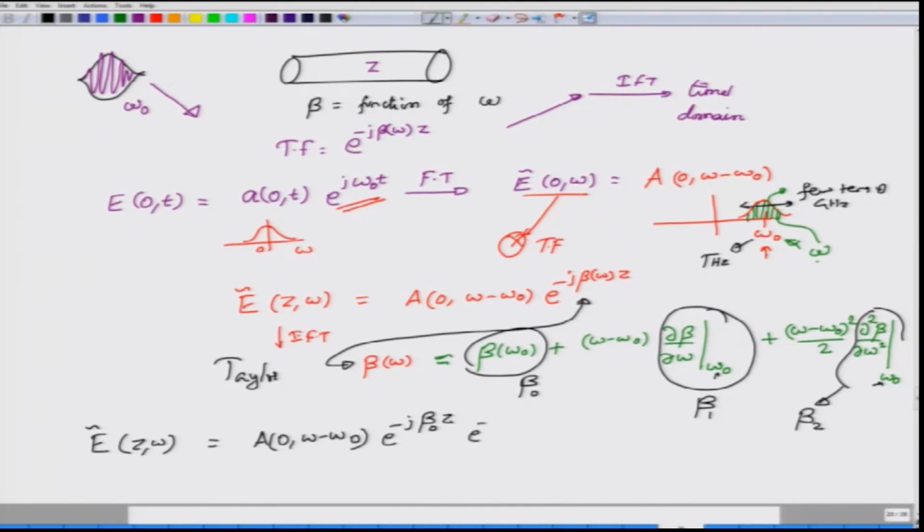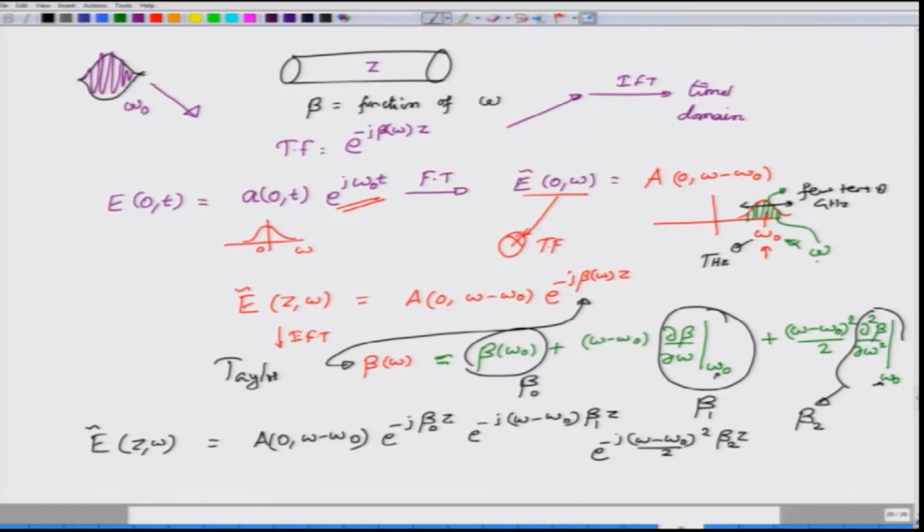Then you have the next term, e power minus j omega minus omega 0 times beta 1 times z. Please remember, beta 1 means the first derivative of beta with respect to omega. The next term will be e power minus j omega minus omega 0 squared by 2, times beta 2 times z. Okay. So, this is the transfer function.